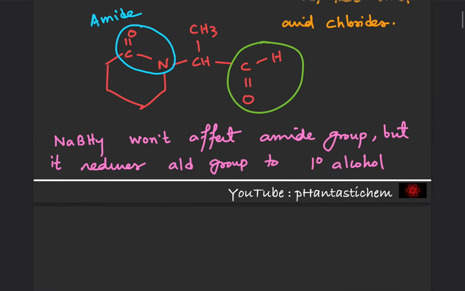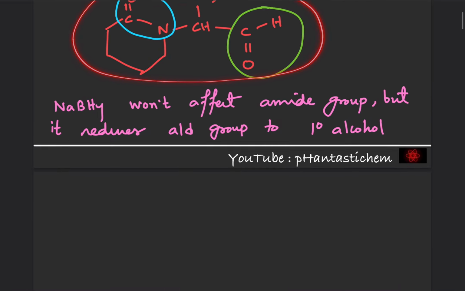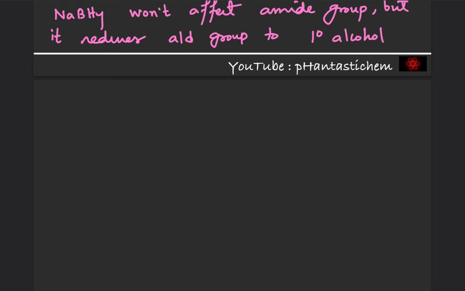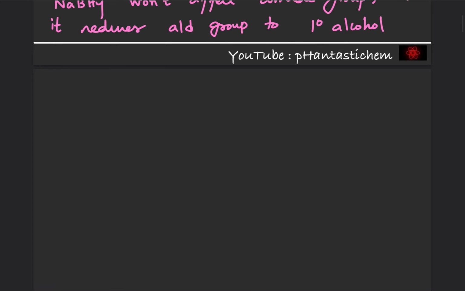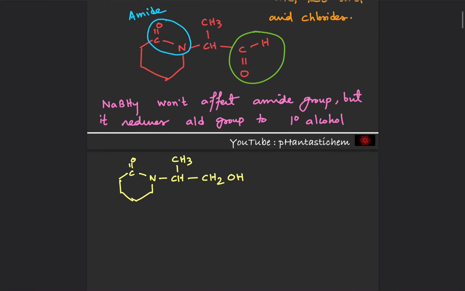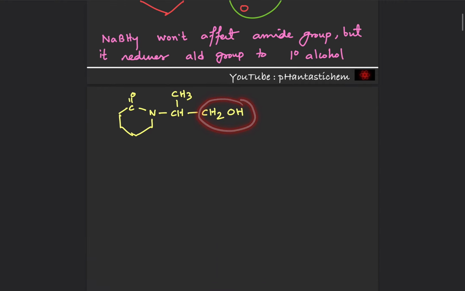Therefore, our starting organic compound will be converted to this, and everything else will remain the same. Instead of the CHO group, we have a primary alcohol group here.